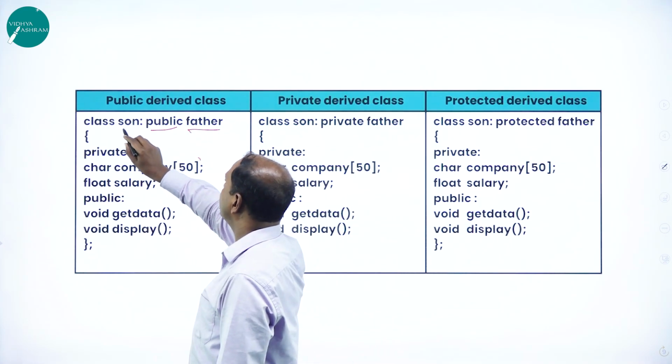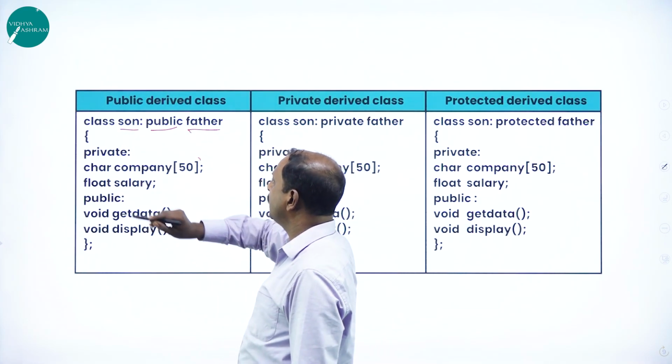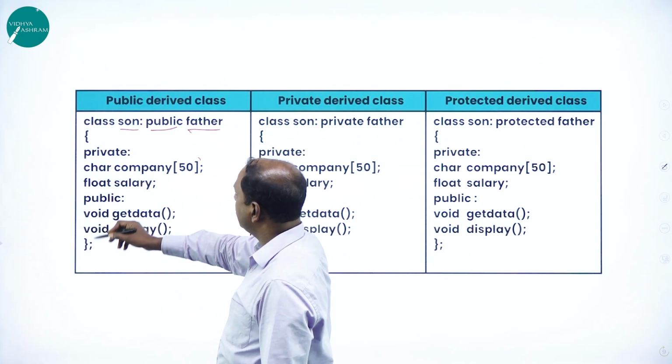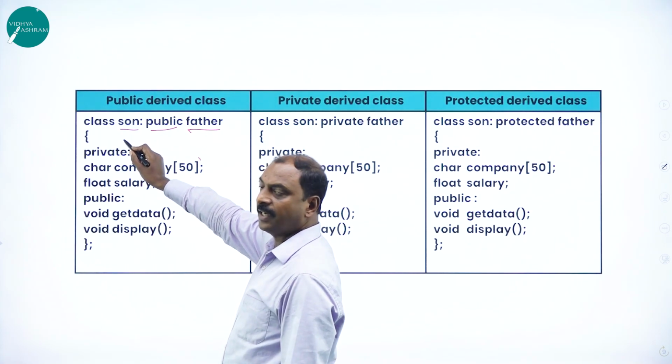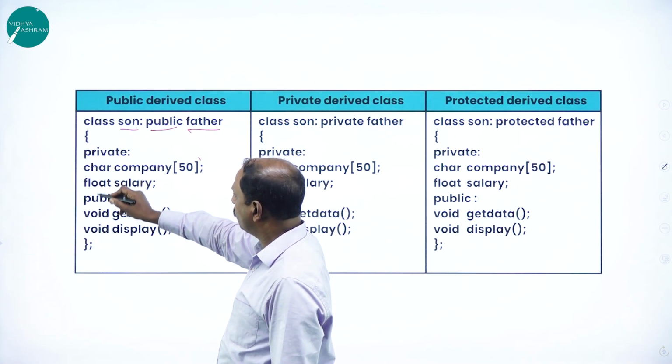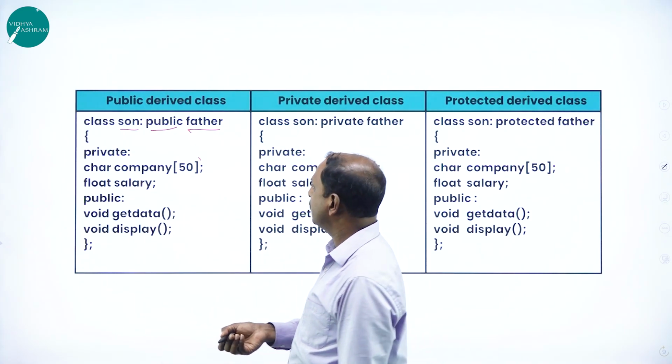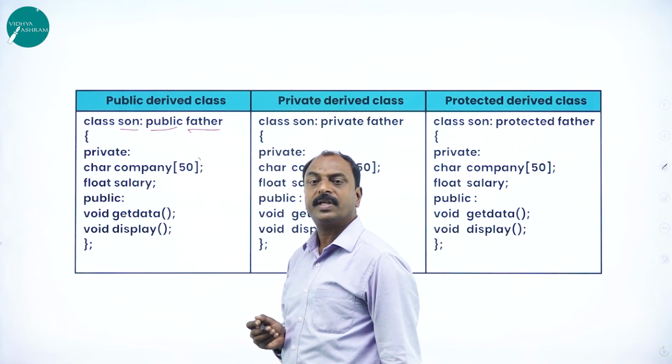So this is class son, the derived class. Class is the keyword or reserved word. Inside this, son is a derived class; it has its own data members and it inherits a few properties from the base class.